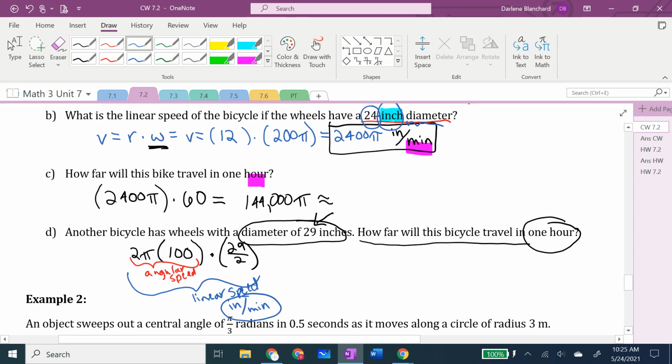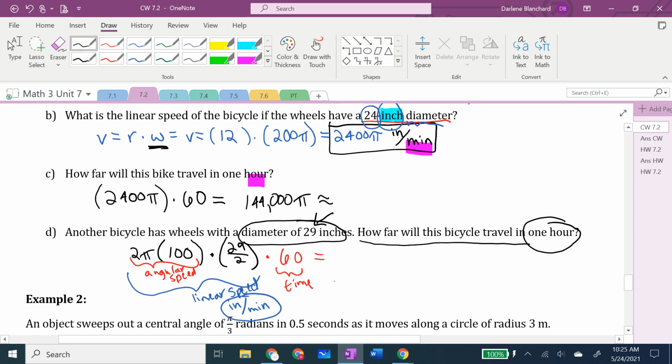I want to know how far I go in 1 hour or 60 minutes. So I multiply that by my time, and I will get my distance.